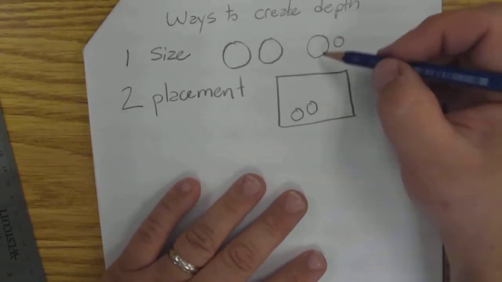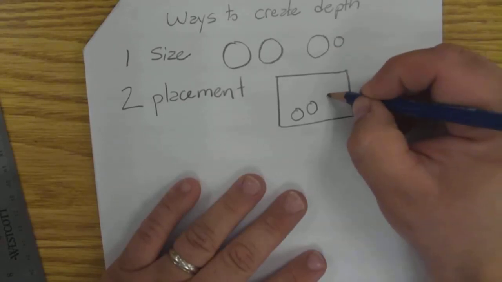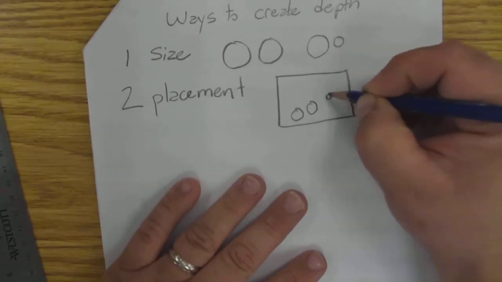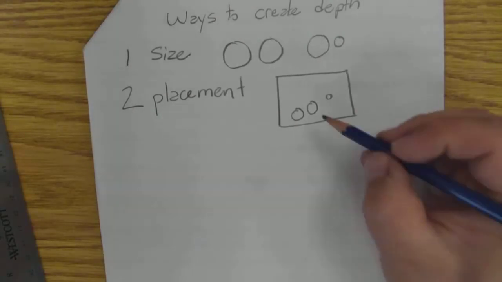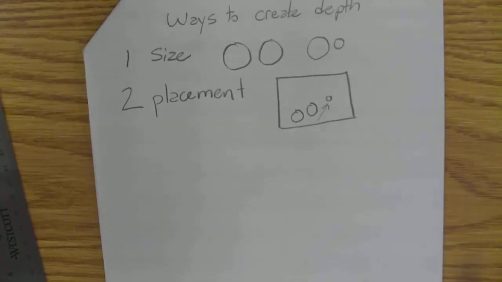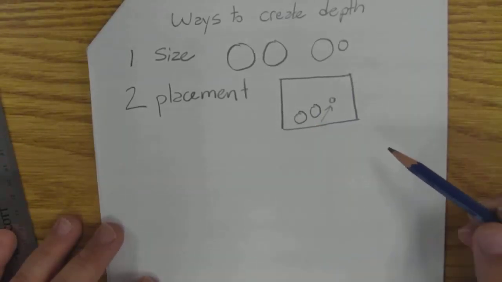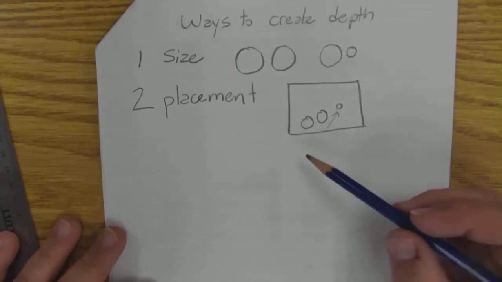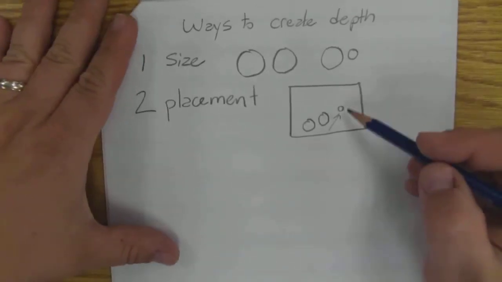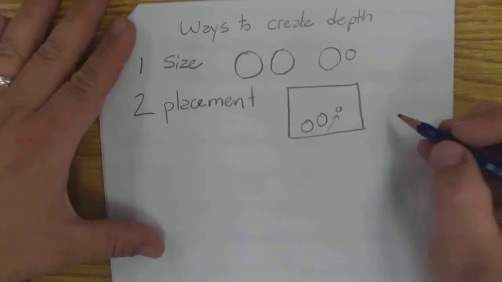I can also incorporate the use of size, put it even higher on the page and smaller, it creates the impression that it is even further back into space. Without anything else in that square, it's going to create the impression that this is further away just because of where you put it on the picture plane.